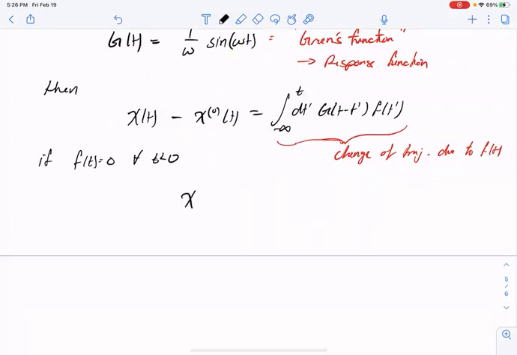We could define a chi of t as the step function theta of t times g of t, where that step function is 0 for arguments less than 0 and 1 for arguments greater than 0.